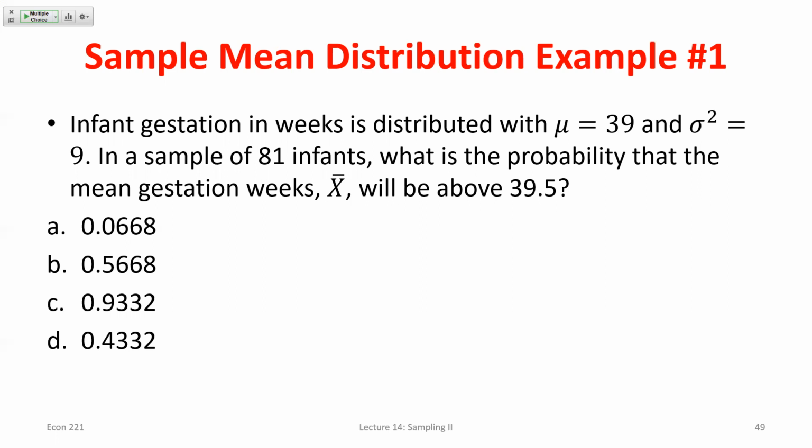The data I'm sampling from is gestation weeks, and the population mean is 39, so the mean of my sample means should be centered around that same value. If I want the variance of my sample mean, it's just the variance of the data I sampled from over my sample size. The variance was 9, and the sample size was 81.